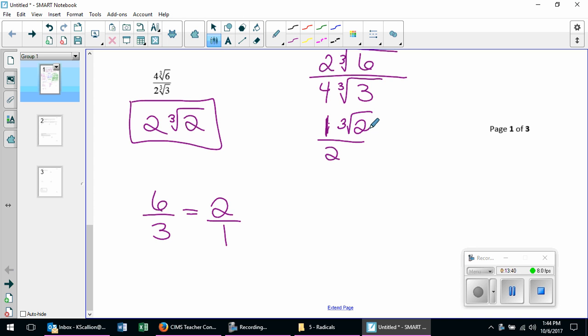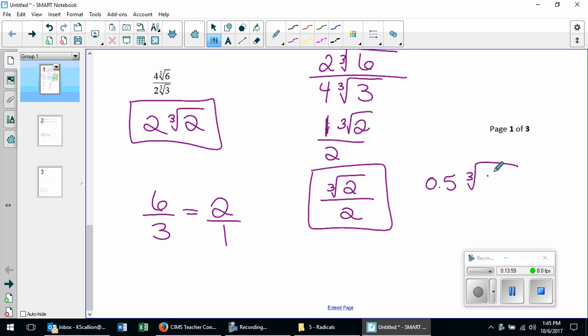So the way you may see it written is cube root 2 over 2. Because I don't need to put the 1, because anything multiplied by 1 is itself. So this would be my answer. Would you be wrong if you did this? No. You wouldn't be wrong.